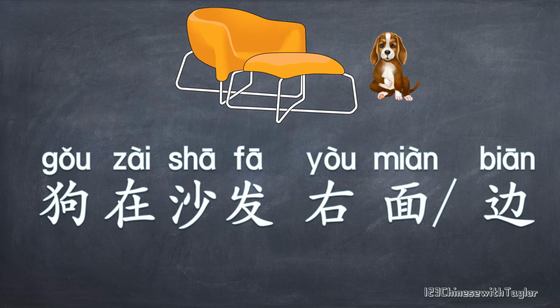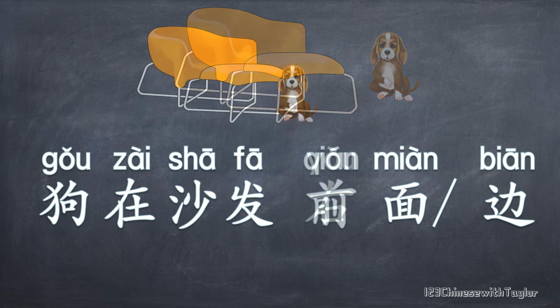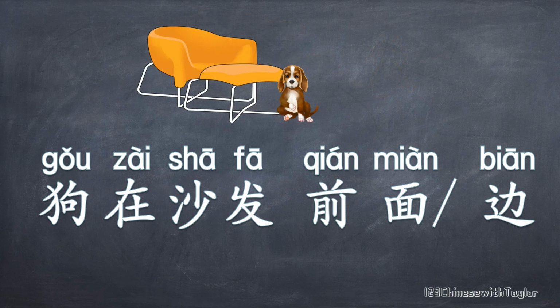So we can say 狗在沙发右面，狗在沙发右边. And now the dog is in front of the sofa. In front of, 前面. So we can say 狗在沙发前面 or 狗在沙发前边.